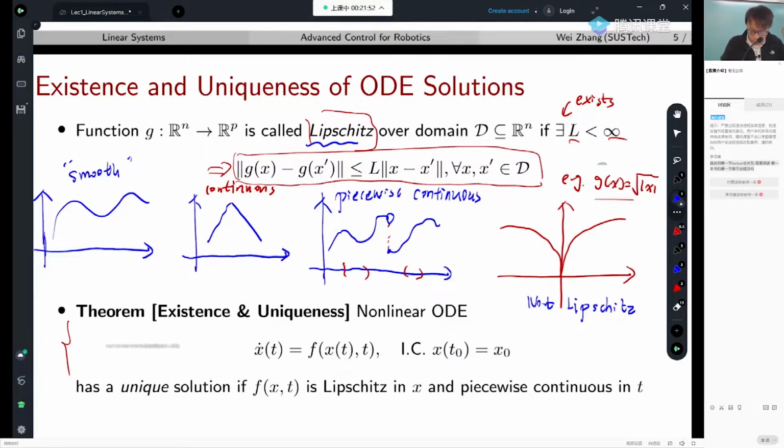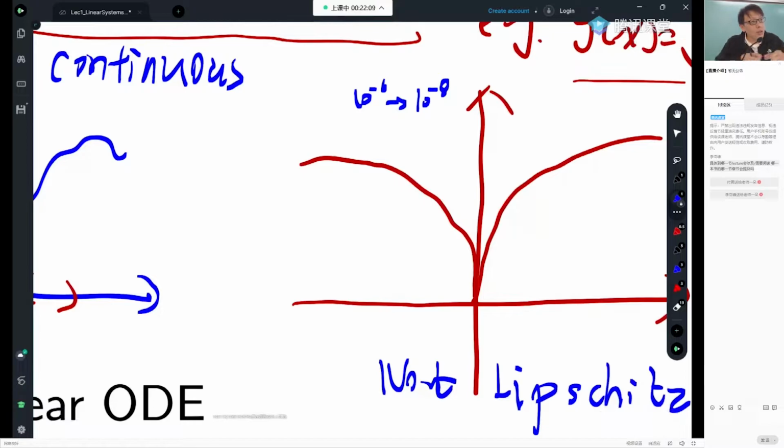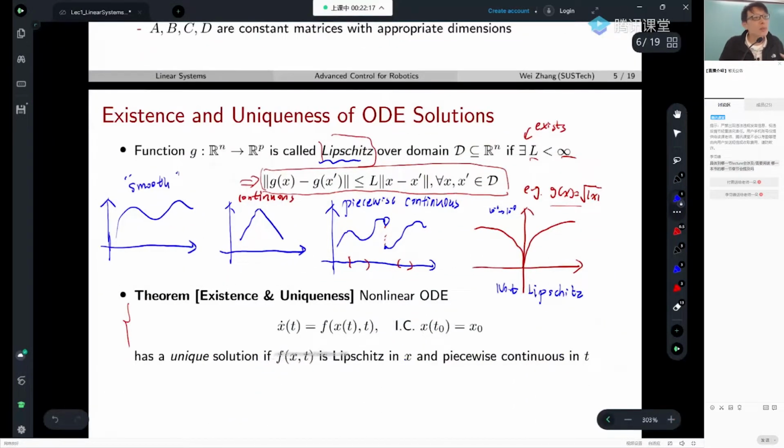If you zoom in here, I don't think I drew it correctly, but if you are infinitesimally close to the origin and you move a little bit, let's say from 10 to the -6 to 10 to the -8, your function value change is really huge. There's no bound on this ratio, so it's non-Lipschitz. Non-Lipschitz is not good for differential equations. Of course, most of the problems we have should satisfy this.